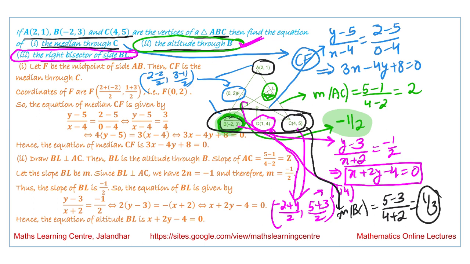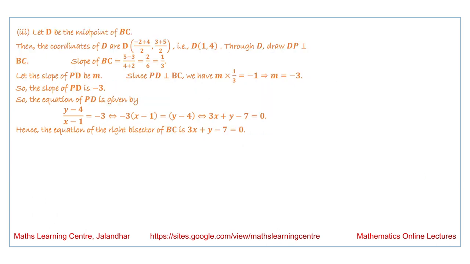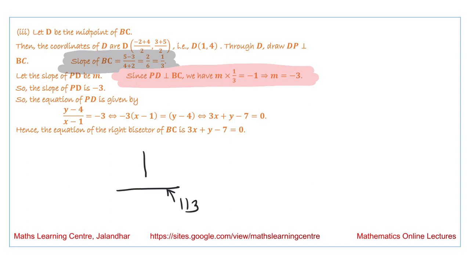So the slope of BC is 1 by 3, and the slope of the perpendicular will be minus 3. The product of these two should be equal to minus 1. This perpendicular is passing through the point 1 comma 4.